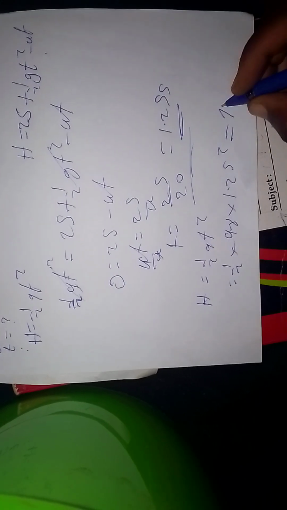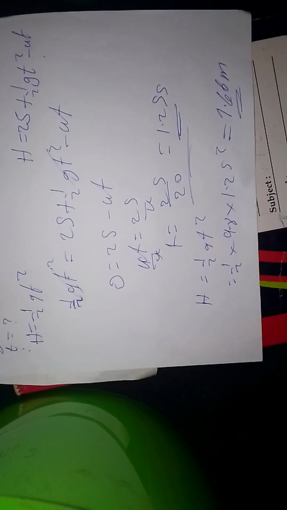That is the simplest one, so h is equal to 0.5 times 9.8 times 1.25 squared, giving me 7.66.